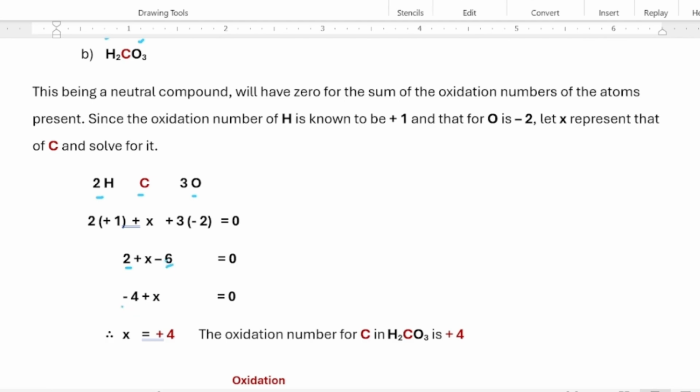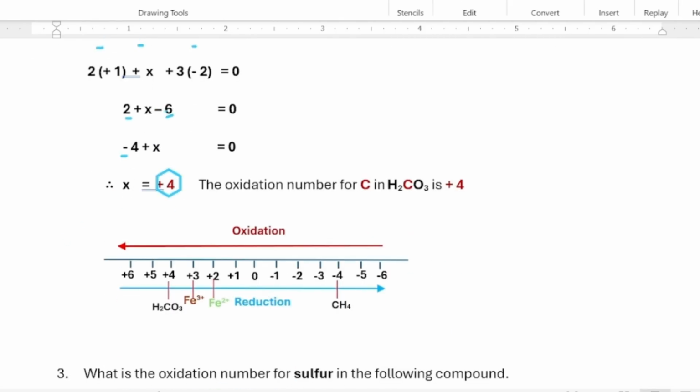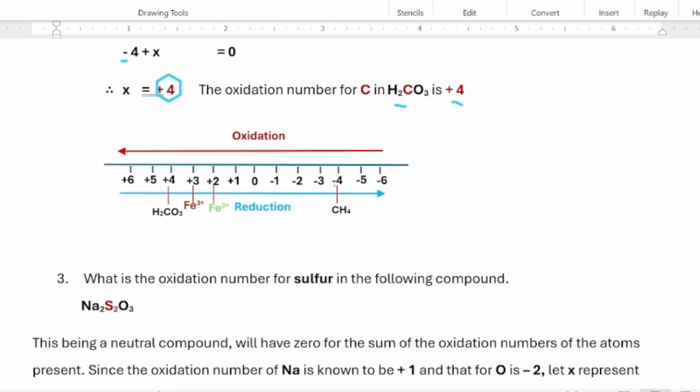This works out to be negative 4 plus X is equal to 0. X is equal to positive 4. So the oxidation number of carbon in this molecule here is positive 4. In methane, it was negative 4, and in this molecule here, it is changed to positive 4. So it is at a higher oxidation state than in this one here.